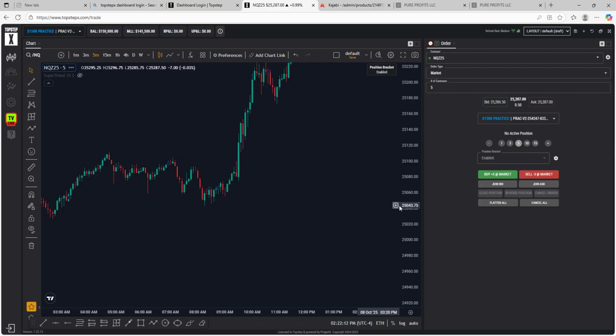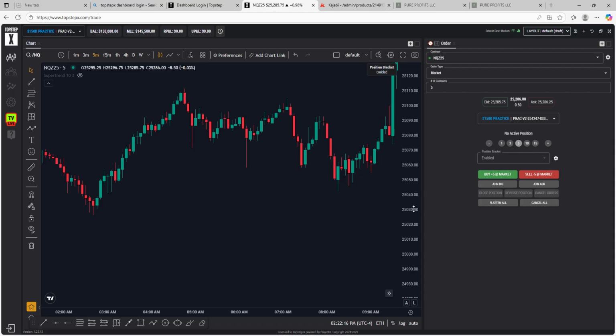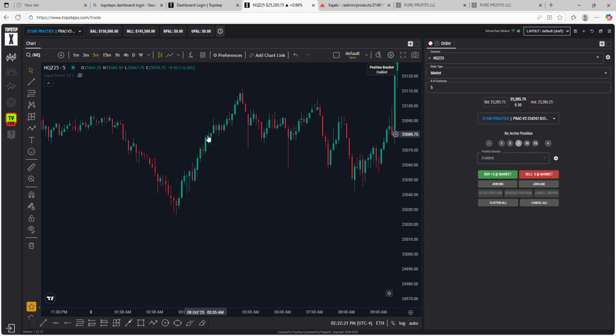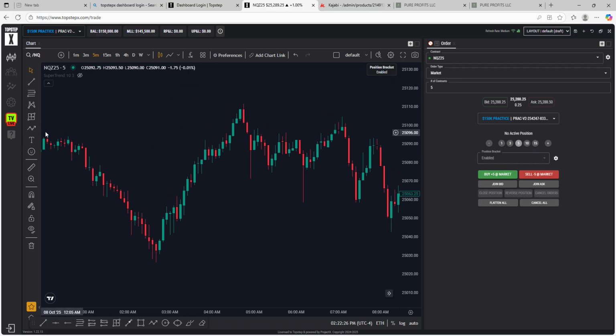Okay, right here. Again, let's just identify a trend. Start right here. That is our lower high. I'll even say lower low right here. That's fine. Lower high, lower low.